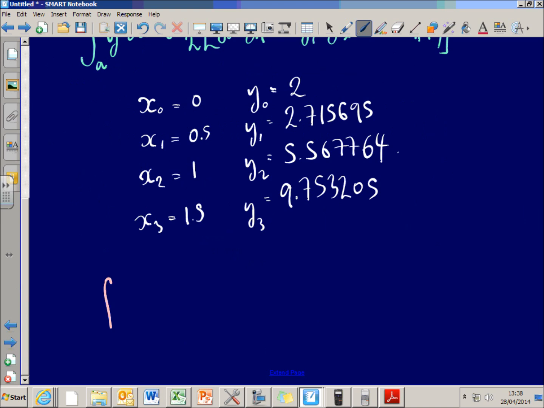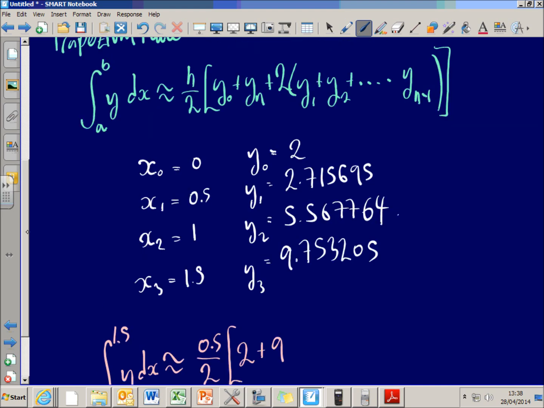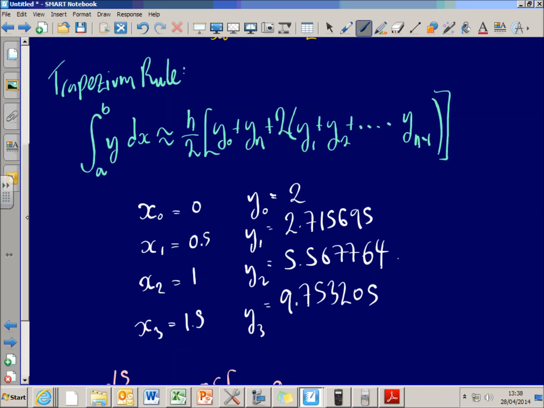So the integration between 1.5 and 0 is approximately equal to h over 2, so 0.5 over 2. And if you look at the equation, it's the first y, y0, plus the last y. This is how you remember it: it's the first y, the last y, and 2 lots of everything else.